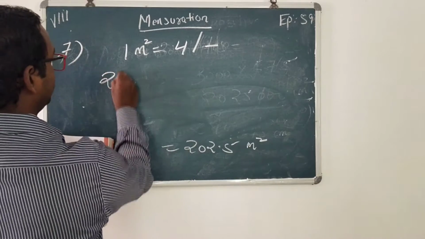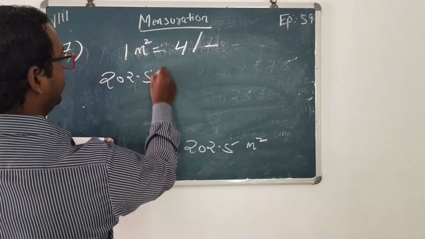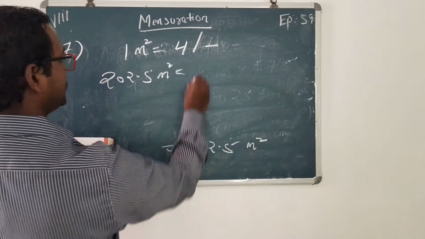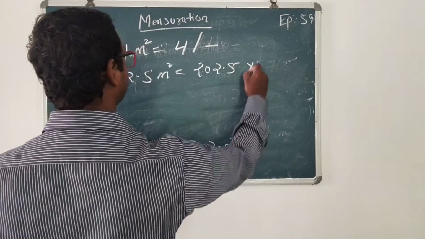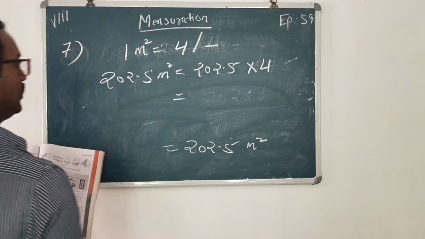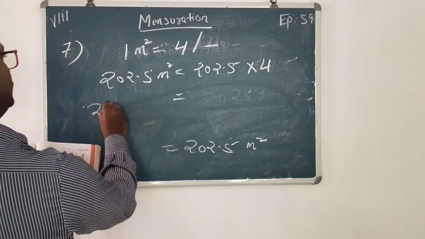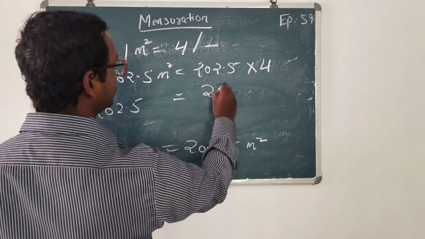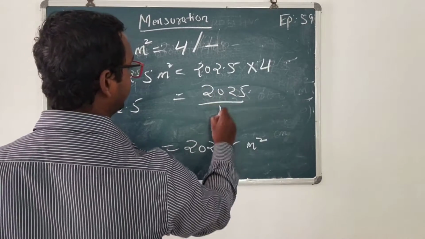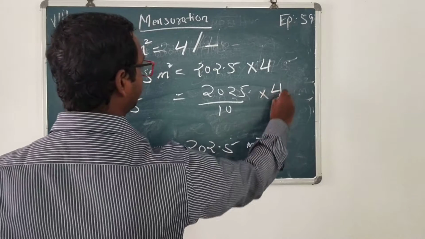For 202.5 meter square the cost is 202.5 into 4. So the total cost is 202.5 divided by 10 into 4.